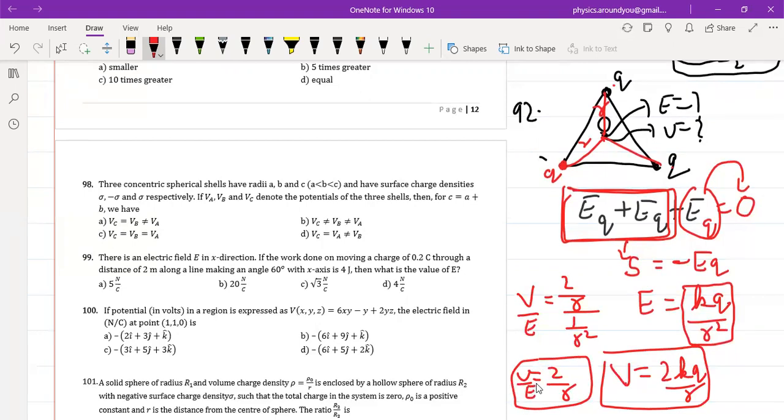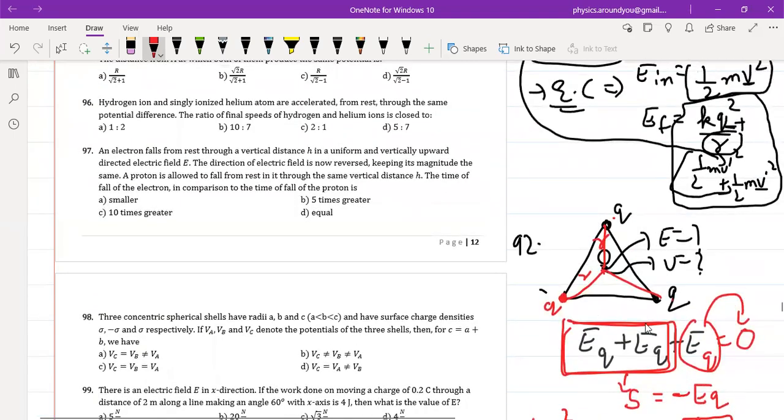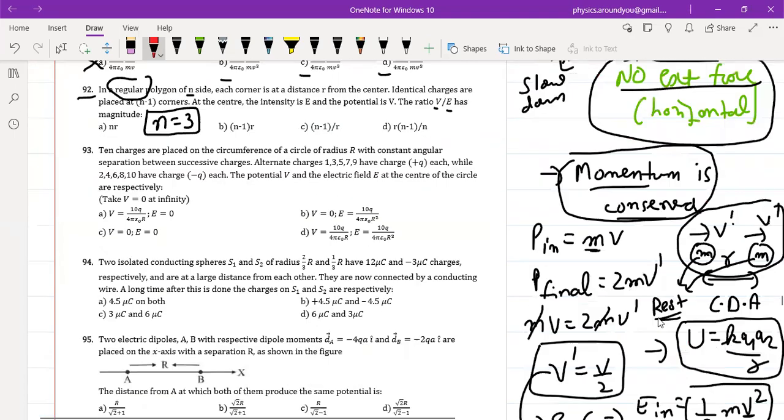Good, cool enough. But how does it help? I got to know V by E is 2R, for what? For the configuration shown, or n equal to 3. So if I substitute n equal to 3 in the options, I need to get 2R.